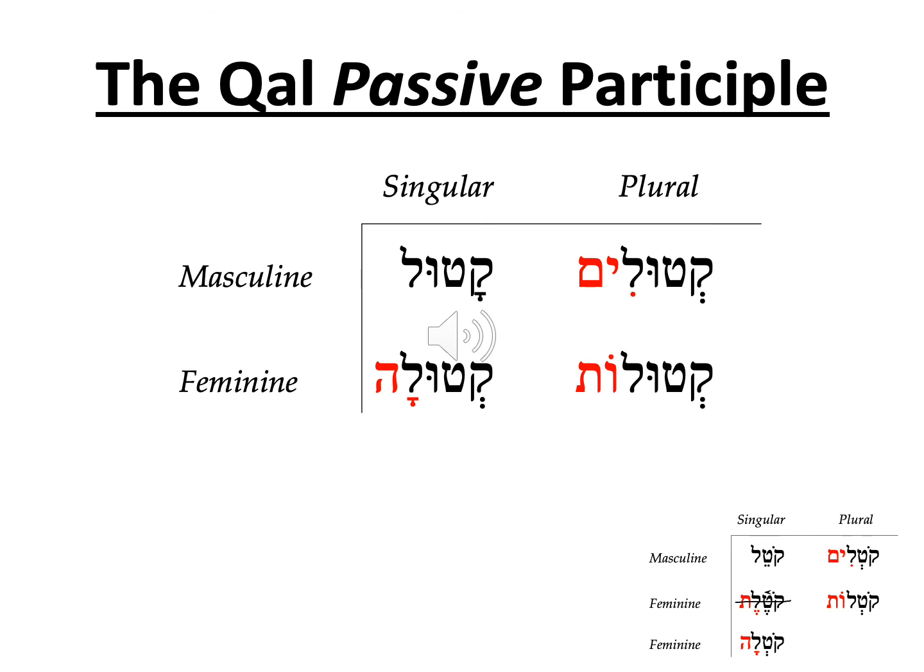As with the active participle, the passive participle will also take noun and adjective endings, plural and singular. The nice thing here, though, is that we do not have that first unusual form of the feminine noun. We only have the second form, the comets he, making this far more recognizable as a feminine singular.